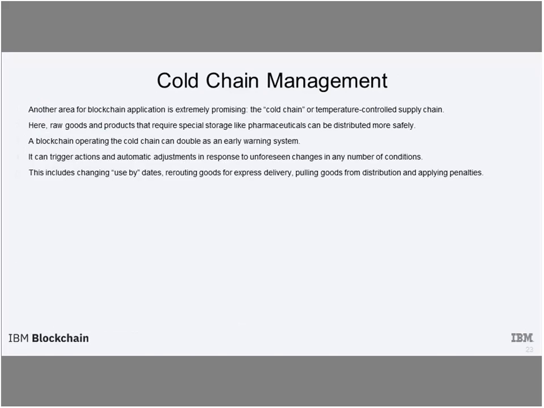The next point is cold chain management. It is somehow a variant of drug supply chain management, but it is a temperature-controlled supply chain. Because different IoT devices are available, IoT and blockchain integration is definitely possible. We have seen different use cases. I have worked on one use case, airport baggage tracking.